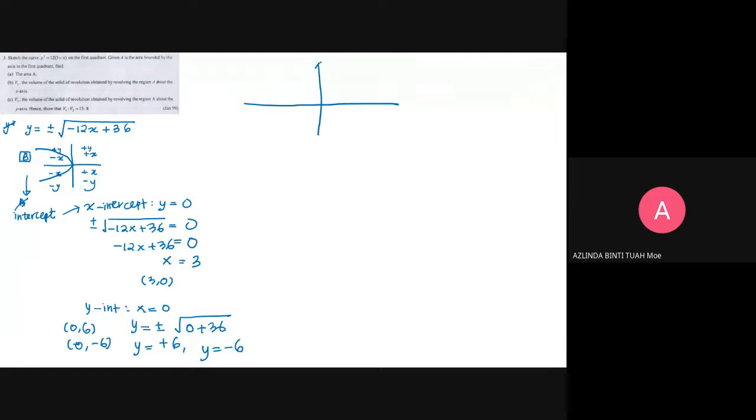Plot all the points first before we sketch the basic shape. The graph must pass through these 3 points, so just follow the basic shape passing through these points.